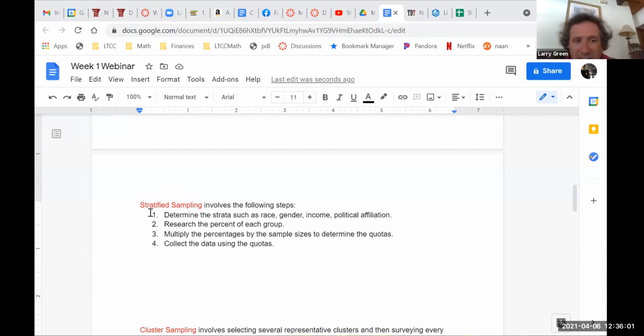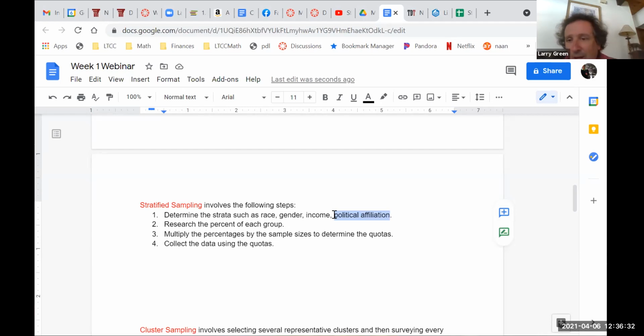So here's the step-by-step process for stratified sampling. The first step is determine the strata. And you usually say, well, what do I want to try to avoid a bias of? Typical are race, gender, income, political affiliation, and there are others. Can you think of any others that you might avoid bias based on?